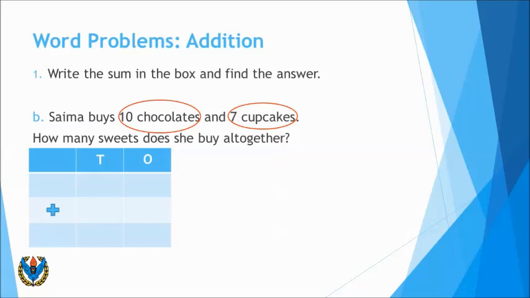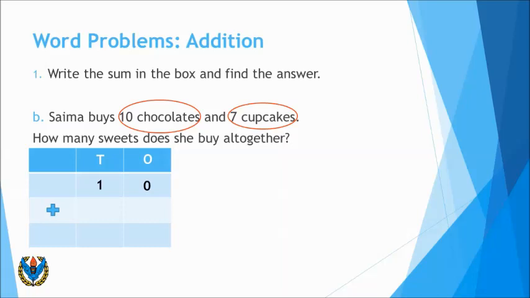How we will write it? In the number 10, 1 is tens and 0 is ones. So we will write 1 in the tens column and 0 in the ones column. The second thing is 7 cupcakes. 7 is a single digit.